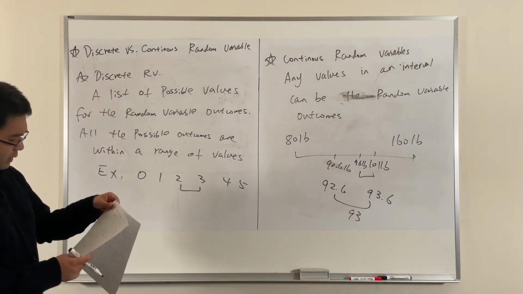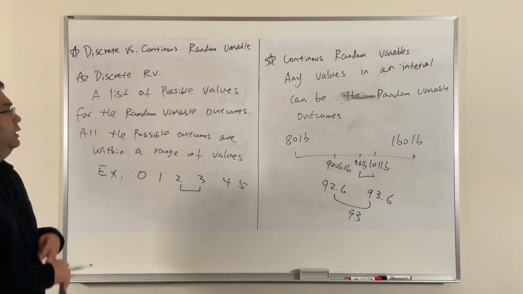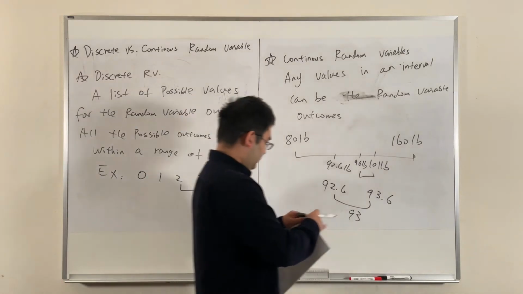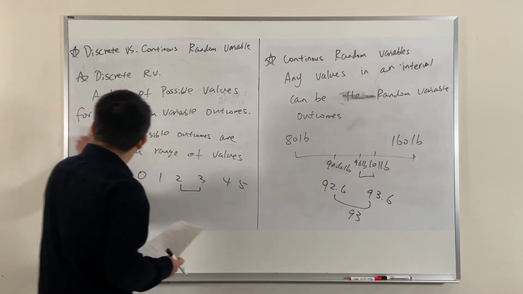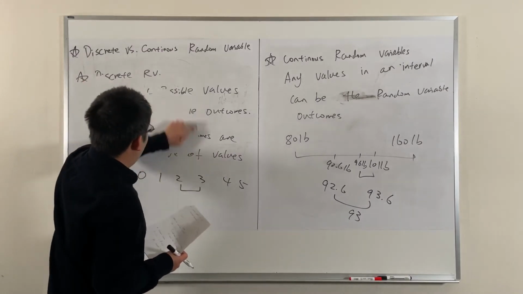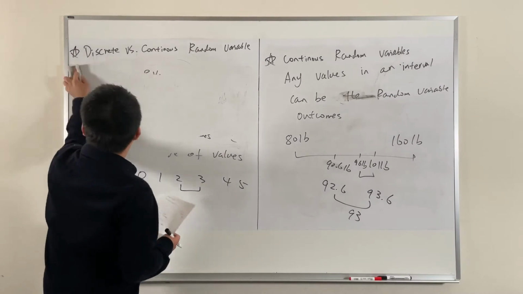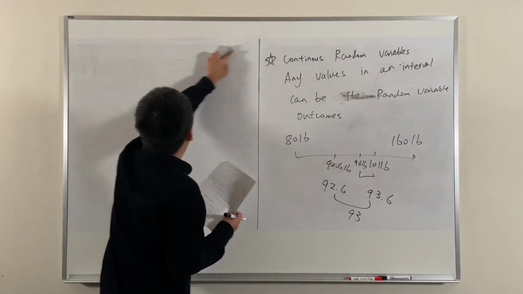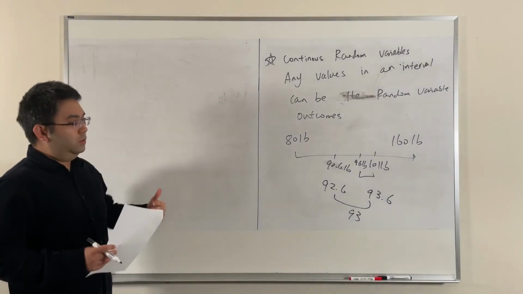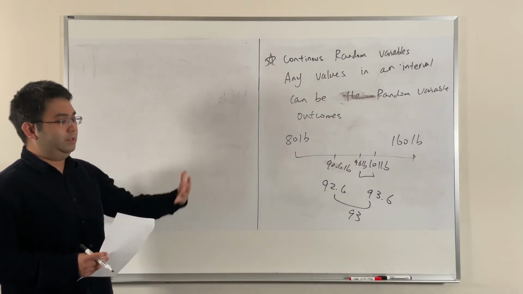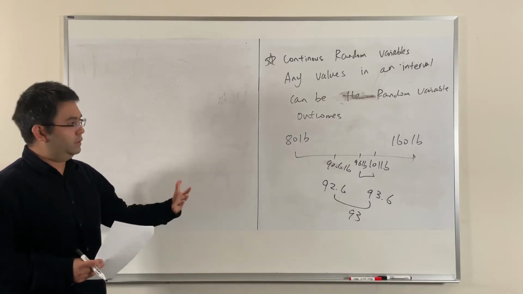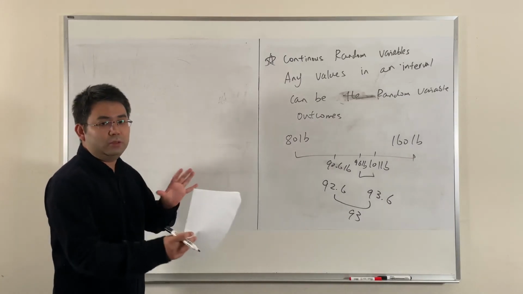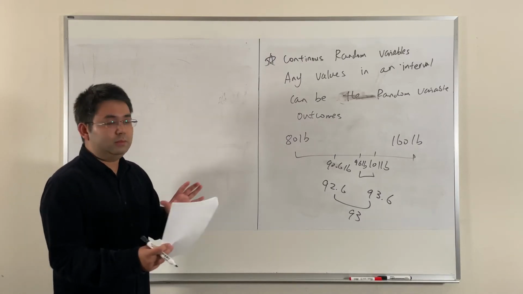Next, I want to talk about how you would calculate mean and variance for continuous random variables. Okay, so in our previous video, we talked about the case with how many classes your friend is going to take next semester, where when we talk about the possible outcomes, we attach probability to each possible outcome.